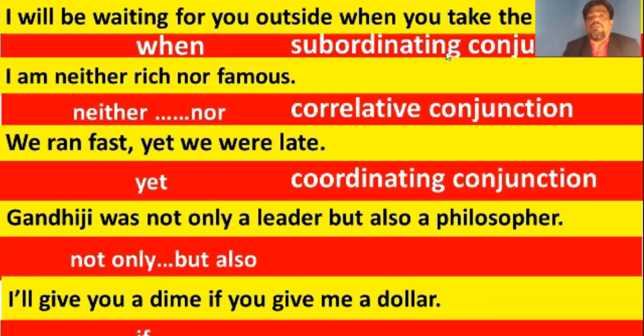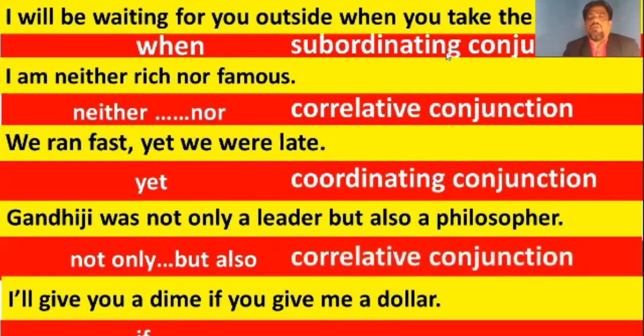And then comes a paired conjunction, it is a correlative conjunction. And the last one, "if": not at all in fanboys and not at all in paired conjunctions. Therefore, it is a subordinating conjunction.